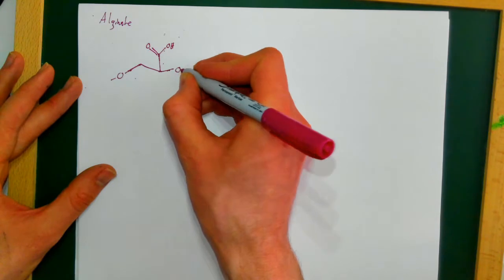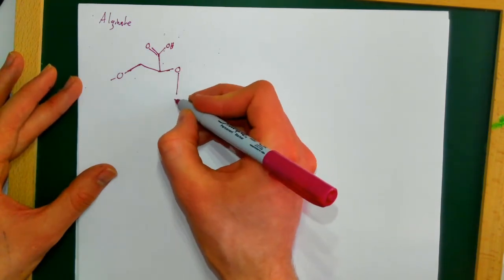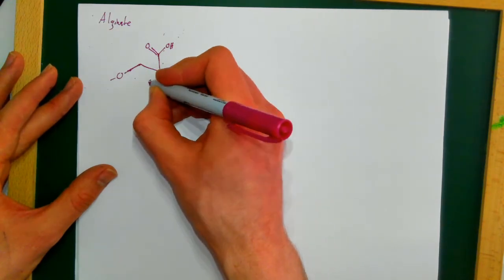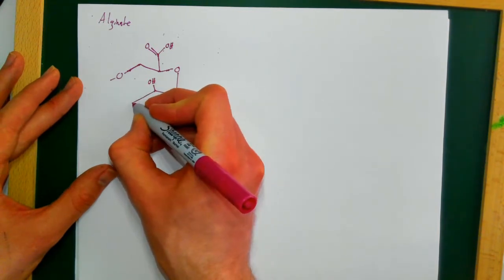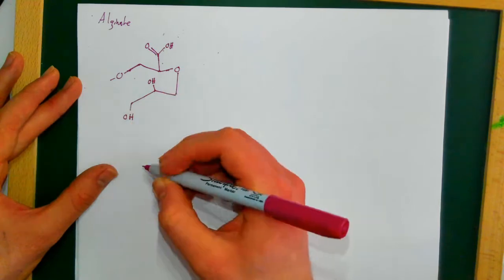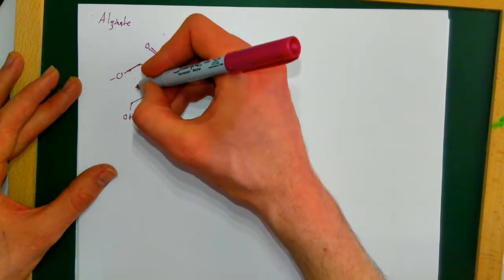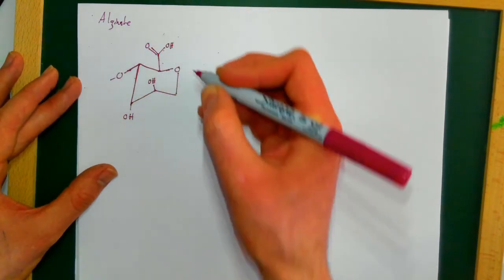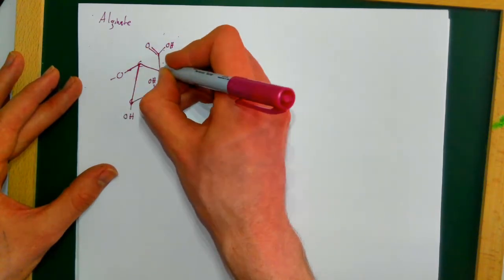This carbon is connected to an oxygen, down to another carbon right here, out to another carbon right here, and this carbon has an OH group on it, down to another carbon right here that has an OH group on it, and this carbon goes back to this one right here, right? So there's carbon, carbon, carbon, carbon, carbon, carbon, right?